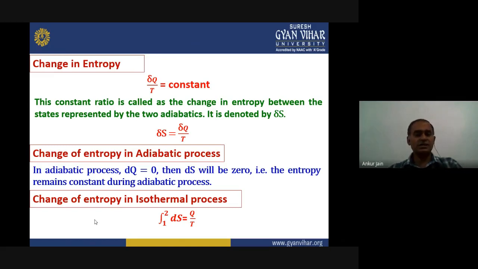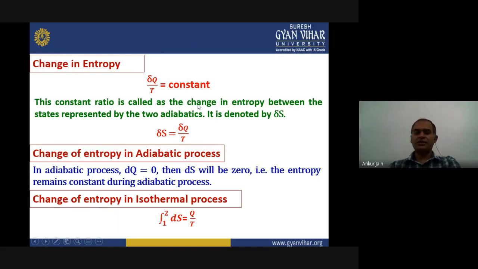The first important relation is the change in entropy, given by delta Q upon T. This ratio is always constant, and this constant ratio is known as the change in entropy between two different states that are represented by the two adiabatics. It is always denoted by delta S. So our equation becomes delta S equals delta Q upon T.